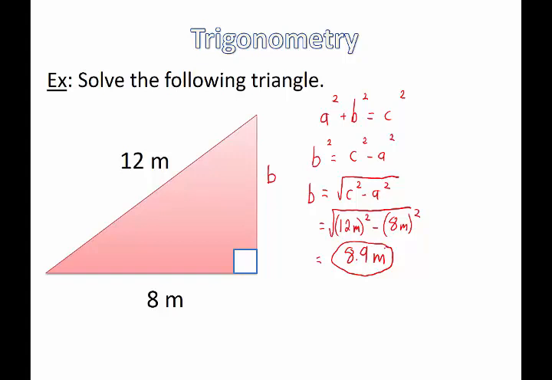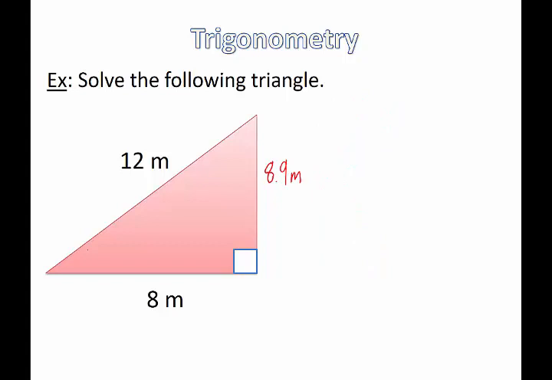And now that we have that length, we can find the angles in this triangle. So let's find this angle, which we're going to call theta. It doesn't matter which angle we find first. The key though is we always want to use the data that is given. Yes, we found one side is 8.9 meters, but we always want to use the data that's given.